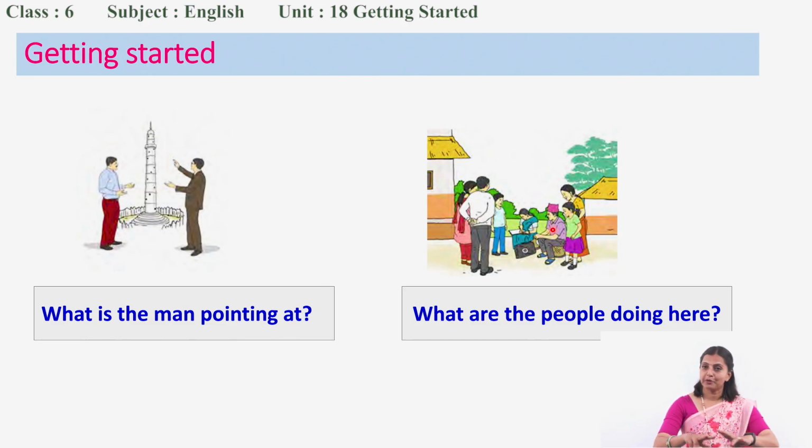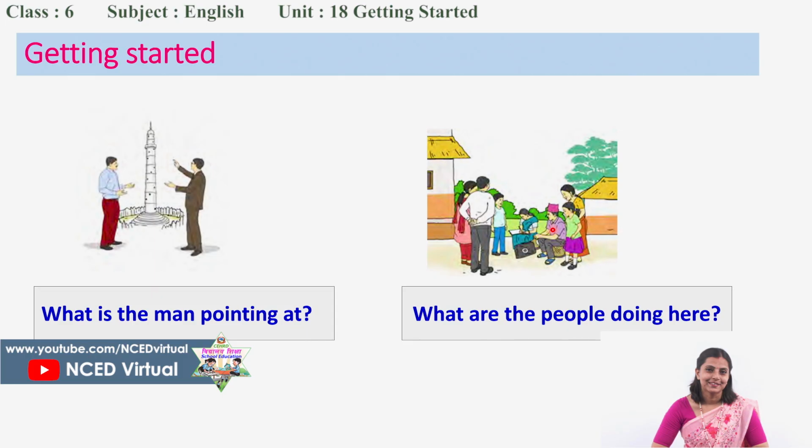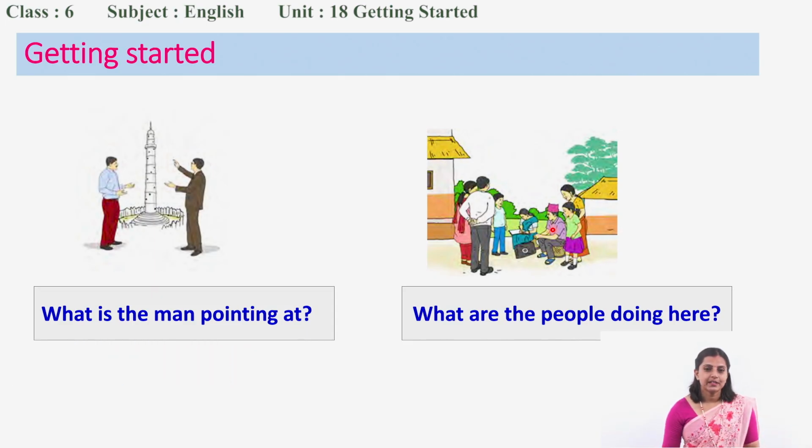If there is a meeting, then everyone should be sitting around, or everyone should be standing. But you see, there is a woman who is writing something, and there are people who are watching her. What do you guess? Have you ever seen any such scenario in your locality? Tell me when.